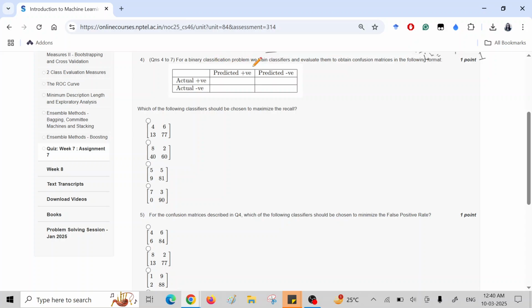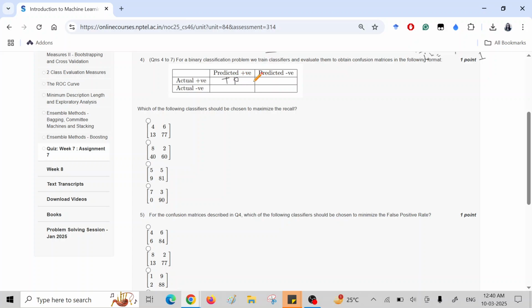Here, for a binary classification problem, we train classifiers and evaluate them to obtain confusion matrices in the following format. In the rows, the actual positive and actual negative data points are given, and column-wise only the predicted values are given. If we fill this confusion matrix, an actual positive value predicted as positive is known as true positive.